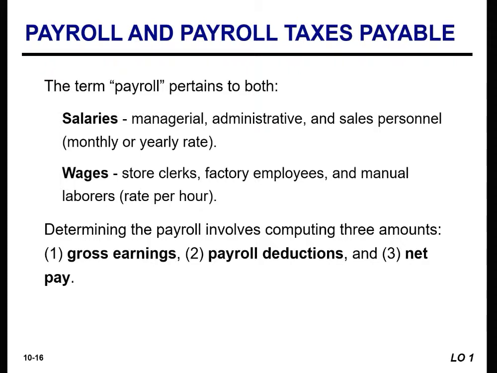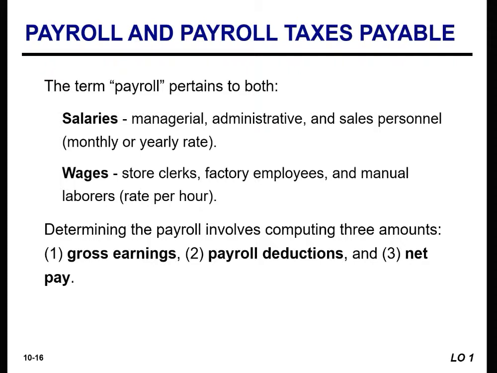Some of the related liabilities are those in relation to the withholding taxes: federal and state income taxes withheld from the employees, FICA taxes withheld from the employees, and then of course there's the FICA tax expense associated with the employer.